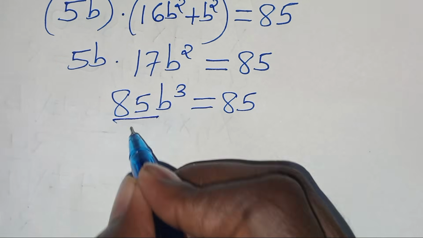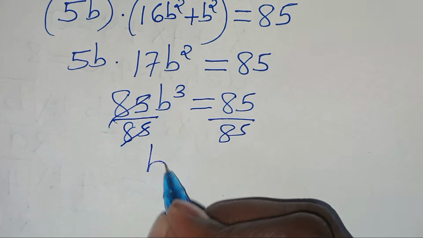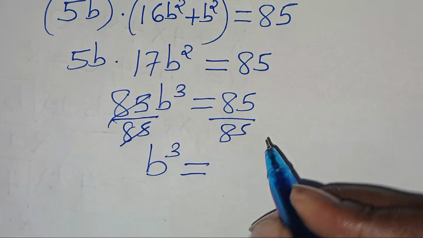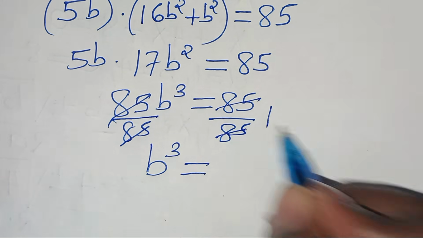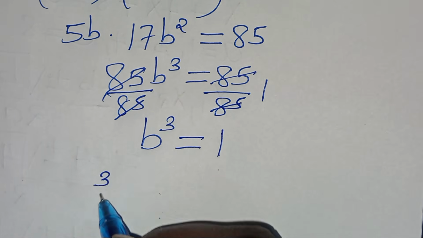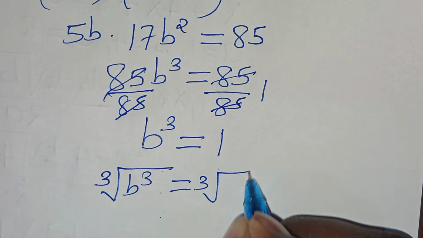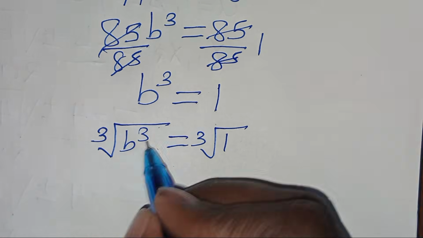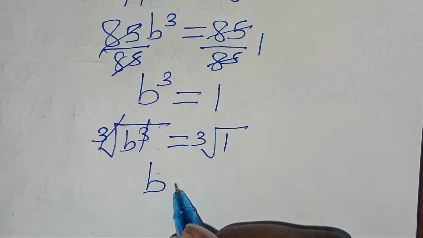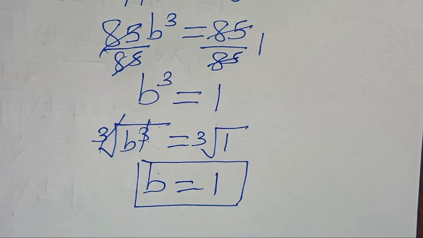Now let's divide both sides by 85, so that now we have b to the power of 3 is equal to 85 divided by 85, this is 1. To solve for the value of b here, let's get the cube root on both sides, so this is equal to the cube root of 1. And this means that the value of b is equal to 1.